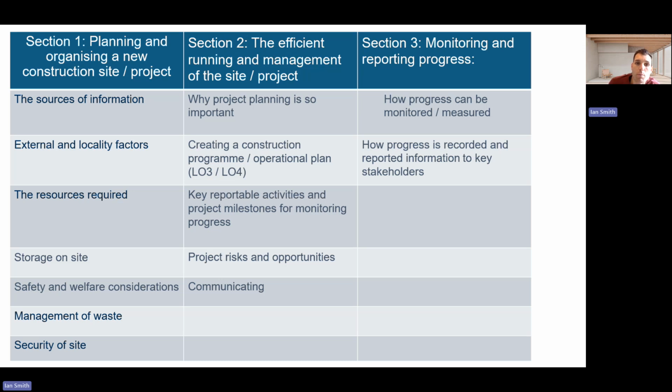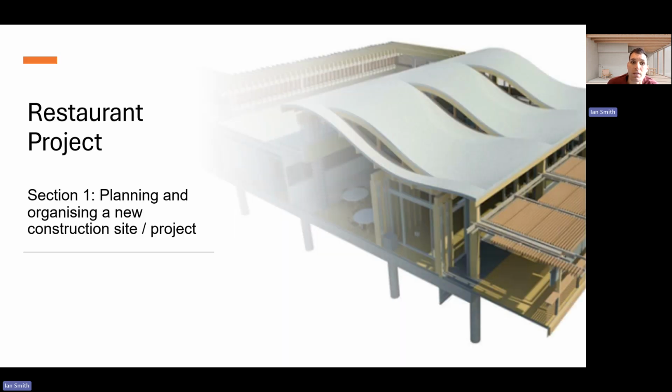Section 2 will highlight why project planning is important, how creating a construction programme or operational plan will help, what key reportable activities there are, different project risks and opportunities, and communication. This will be complemented by section 3, which is related to monitoring and progress, which will discuss how progress can be monitored and how progress is recorded and reported to different key stakeholders. Let's start with our first section, planning and organising a new construction site project.